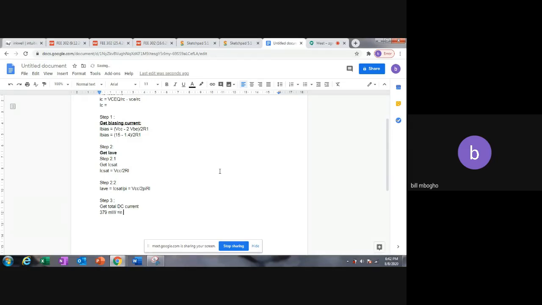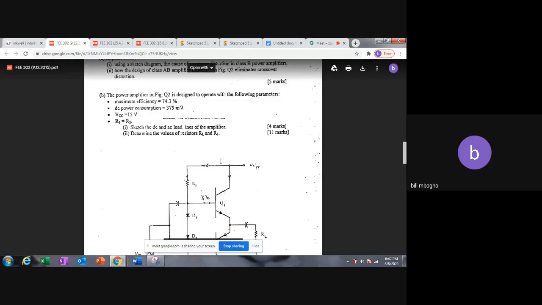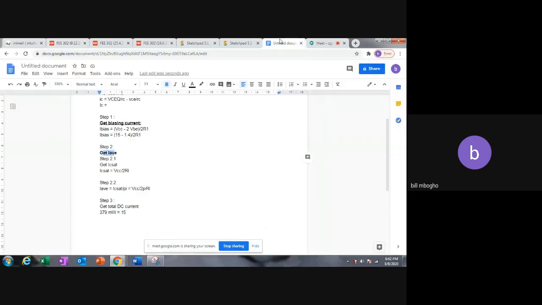Our VCC is 15 volts, because the total DC current, remember, is the biasing current plus the average current. From the diagram, the biasing current is the one that comes like this, and the average current is the one that comes like this. So it's going to be 15.